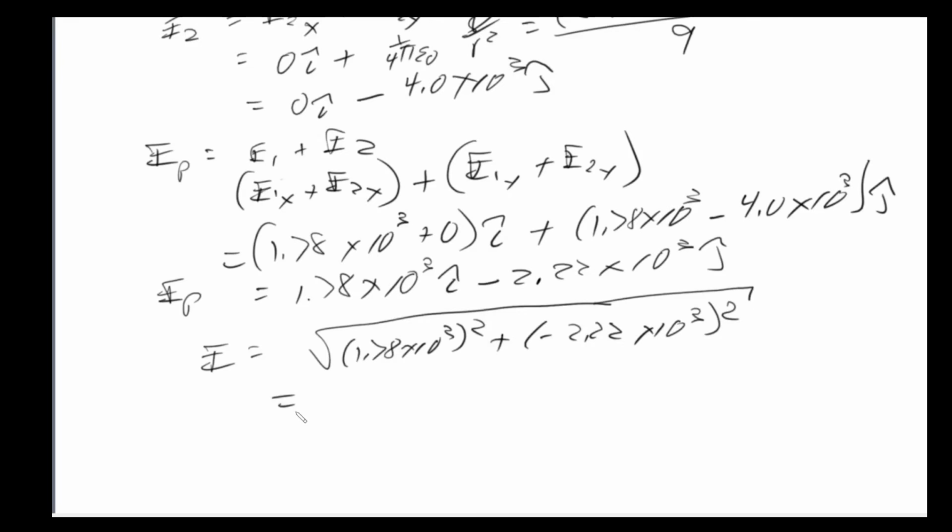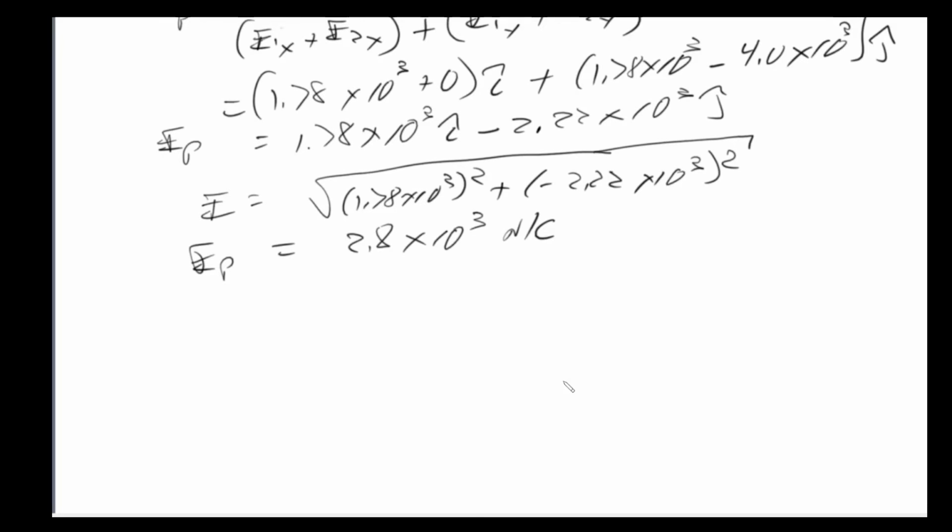And if you go through that calculation, you get E at P is equal to 2.8 times 10 to the third newtons per coulomb. That's the total magnitude of the electric field at P due to Q1 and Q2.